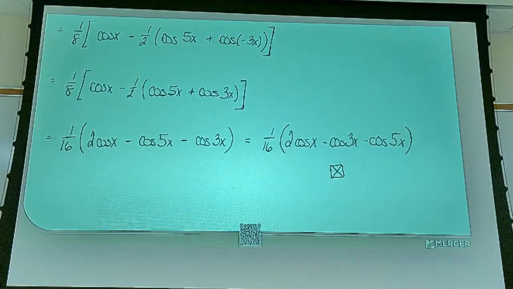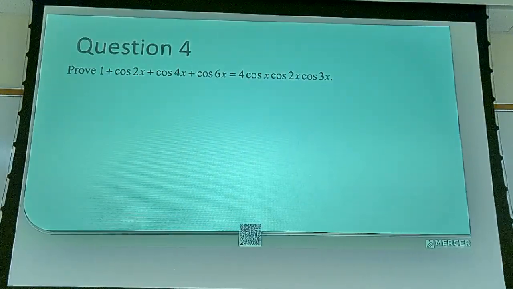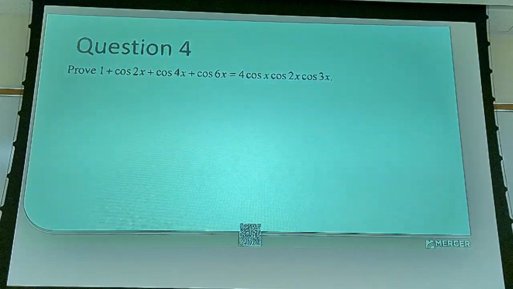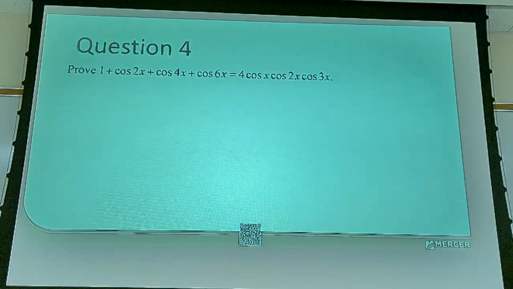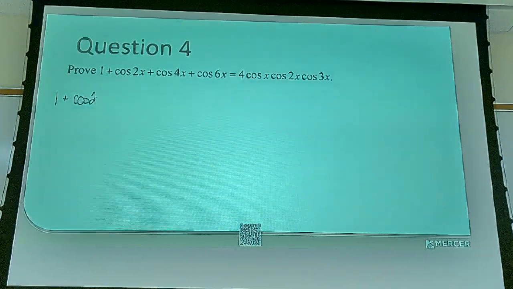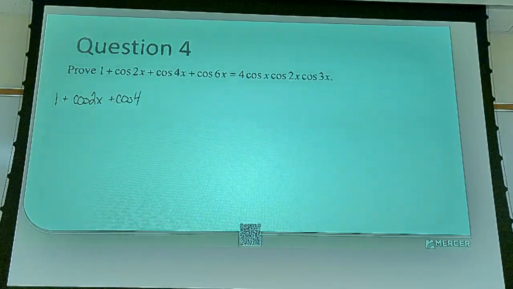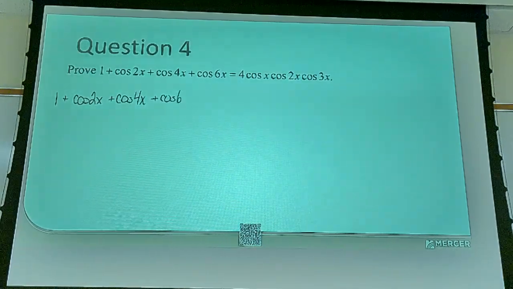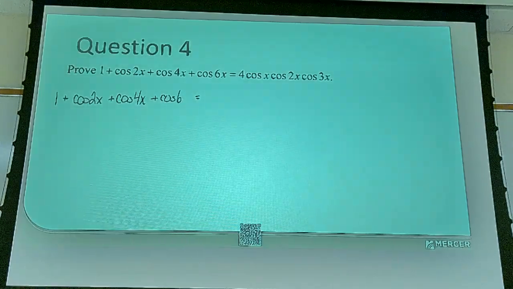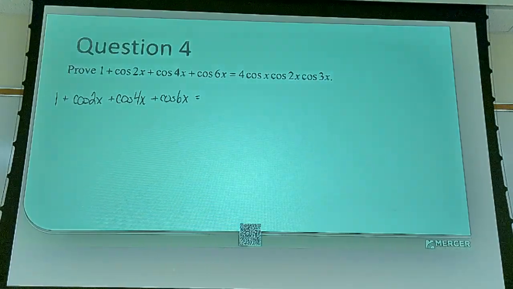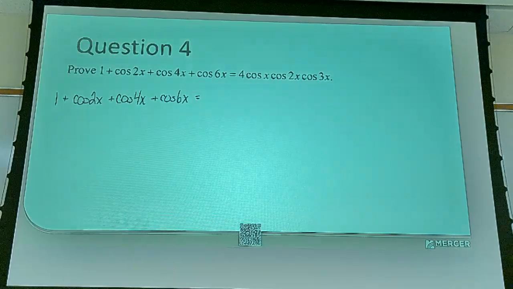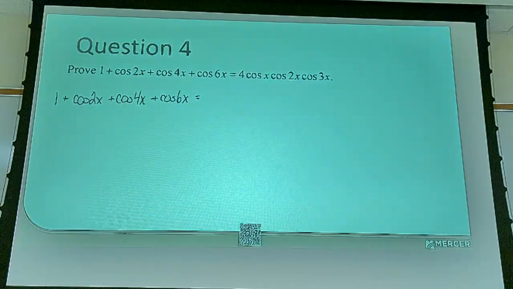And this is the last one for the identities. So 1 plus cosine 2x plus cosine 4x plus cosine 6x.